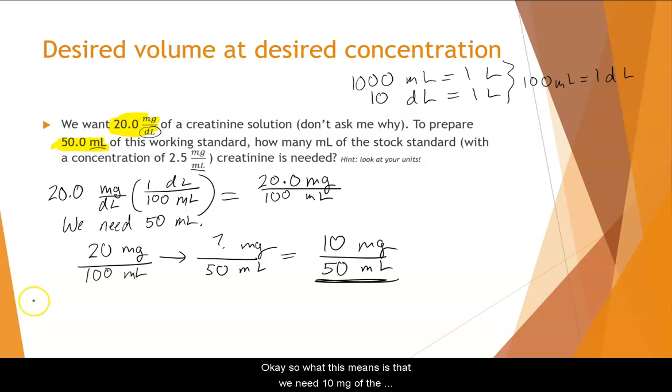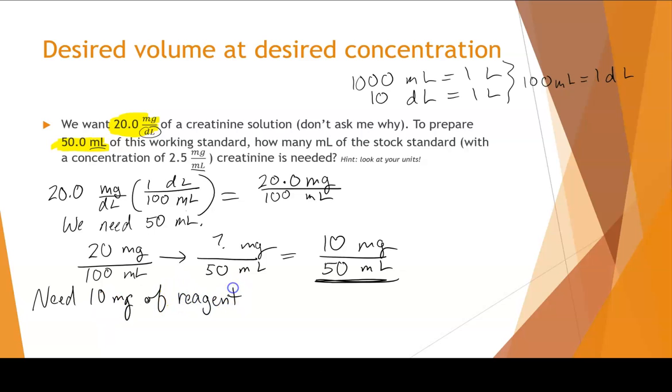Okay, so what this means is that we need 10 milligrams of the reagent, or 10.0 milligrams of the reagent, the creatinine, in order to make 50 milliliters of the working solution.